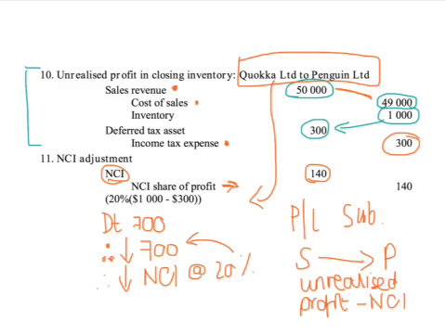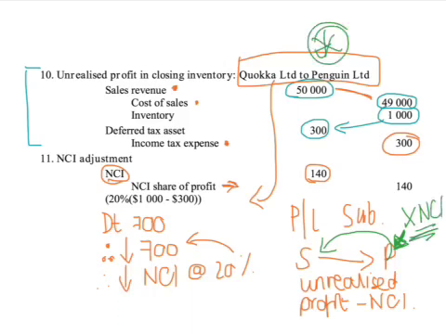However, if the parent sells to the subsidiary, the profit was recorded in the parent company, and therefore there's no NCI. So just make sure that you're clear on the direction of the transaction from the subsidiary sold to the parent company.